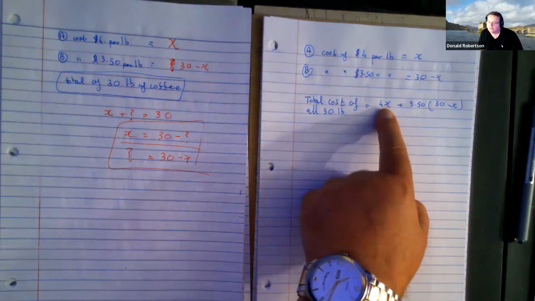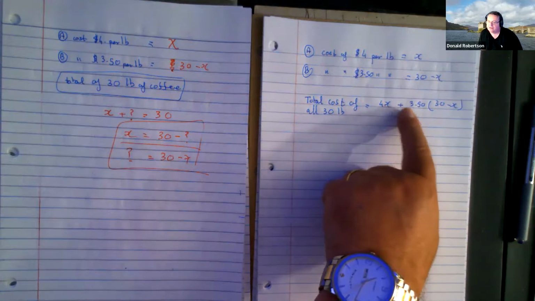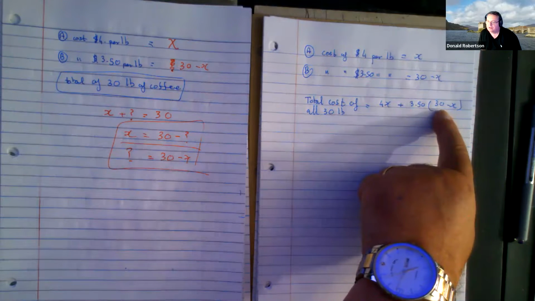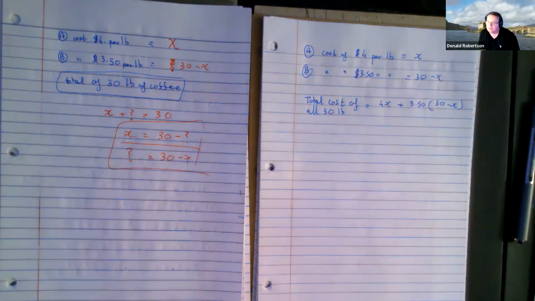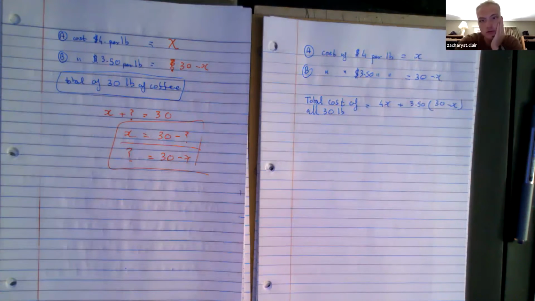Right, $4 X, $3.50 times 30 minus X. That's the total cost of all the coffee, all 30 pounds. So B is the 3.50 times 30 minus X.